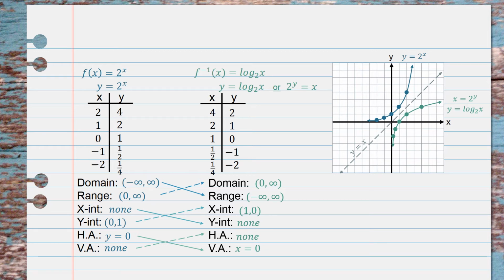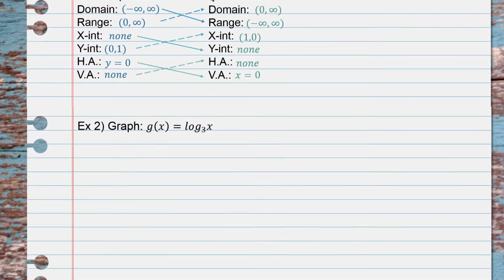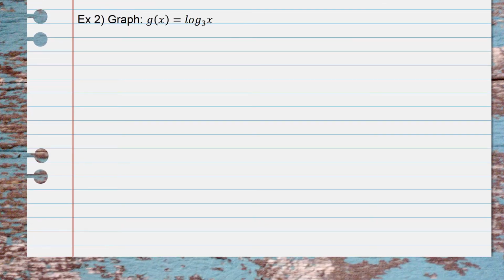Let's look at an example. Example 2, graph the function g of x equals log base 3 of x. Well, first, we want to rewrite this with the letter y. When we do, we now have y equals log base 3 of x. Now, when trying to graph log functions, you want to make sure log is isolated.